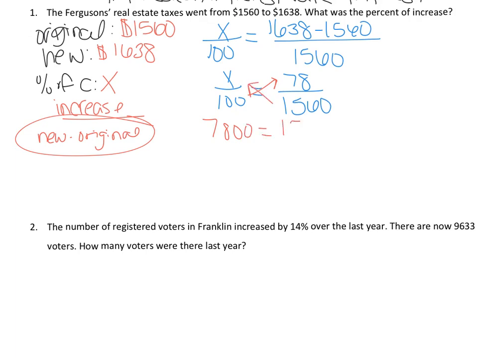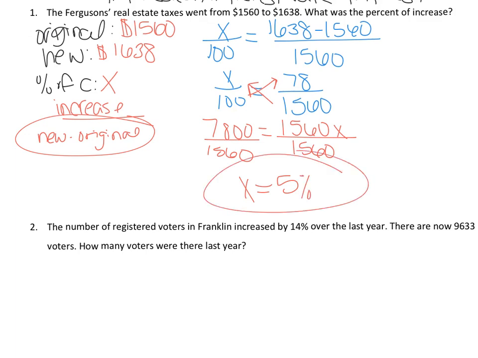And then my other cross product gives me 1,560x. Divide both sides by 1,560. And we should get x equals what? 5. 5 what? What are we talking about? Percent. Very good. This was a 5% increase from one probably year to the next.